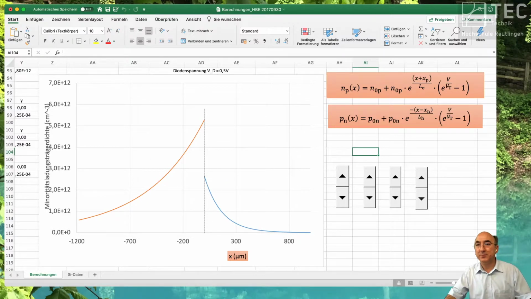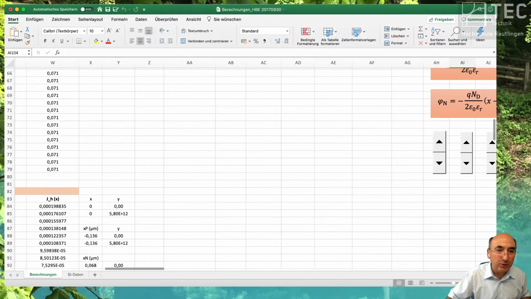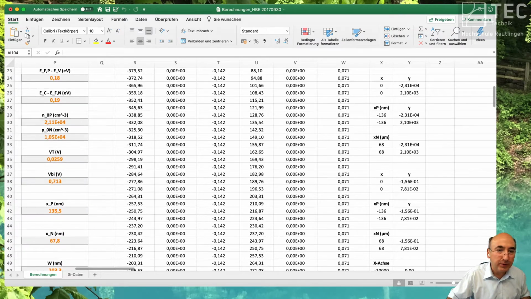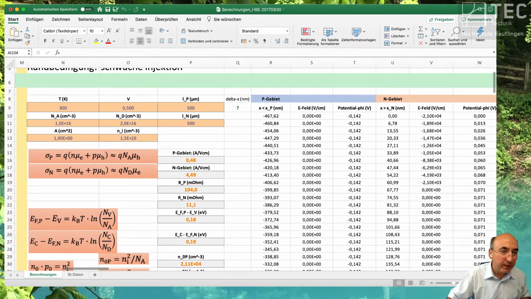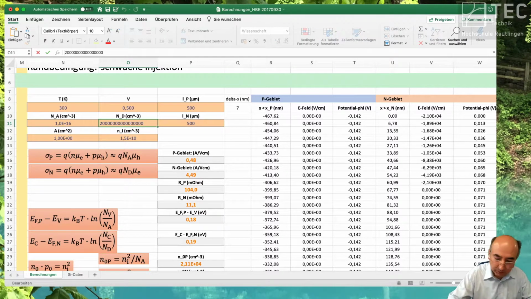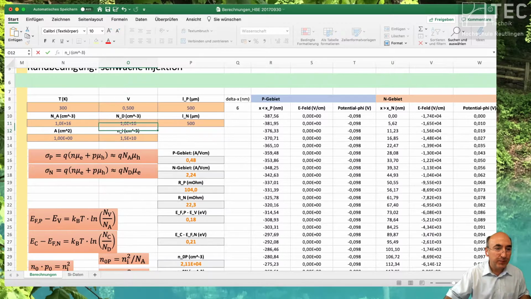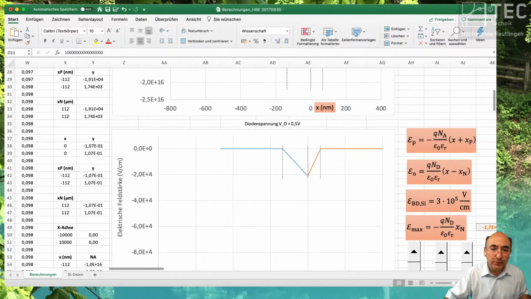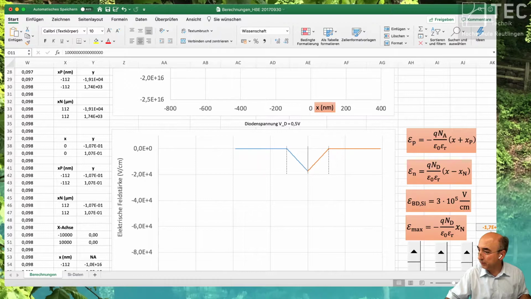Now it's updated. Now it's okay. Now it looks similar. Let's make the doping concentrations also equal on both sides. So we have the sketch relevant to the slides you're seeing. So the concentration is 1 times 10 to the power of 16, 1 times 10 to the power of 16. Now you see the space charge region is now symmetric. Here, it's symmetric.